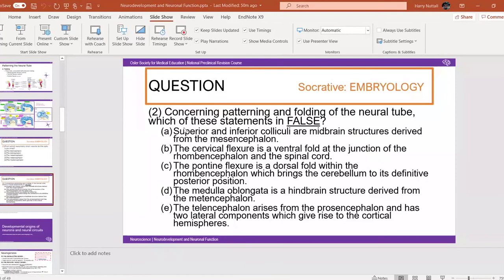Next question. This is a hard one with lots of words. Sorry. That second question should now be appearing on Socrative.